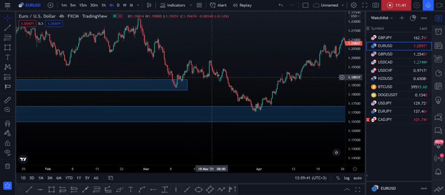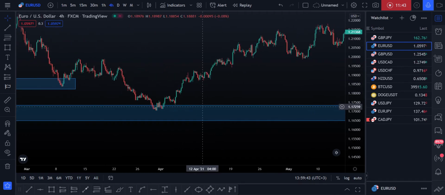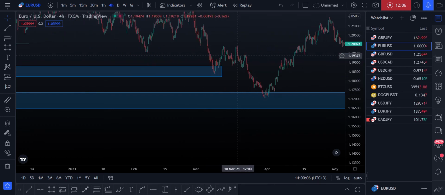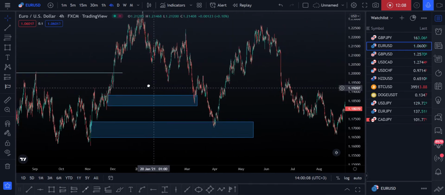So in this case, we would have taken a trade at the break of this. As soon as we can see that we have this high, we invalidate, we have this sort of zone, price fails to break, and then it breaks this high. So the break of this high would have given us an entry position for a long.